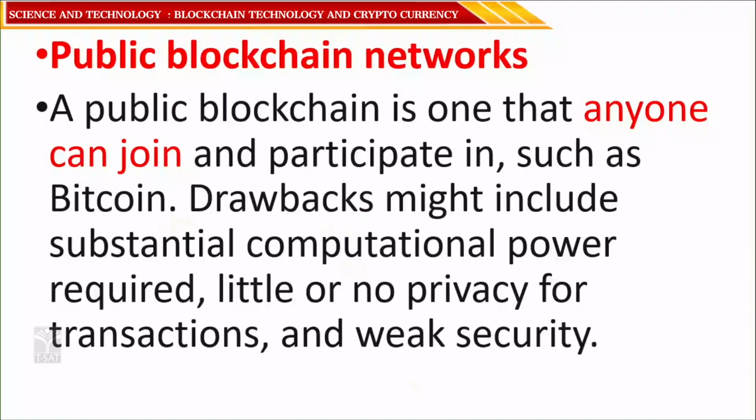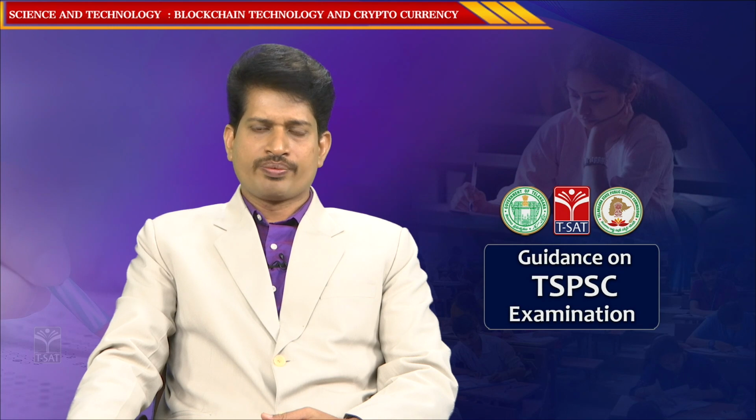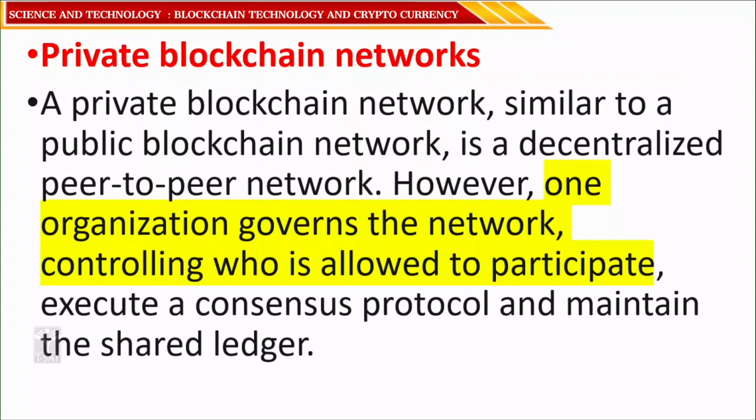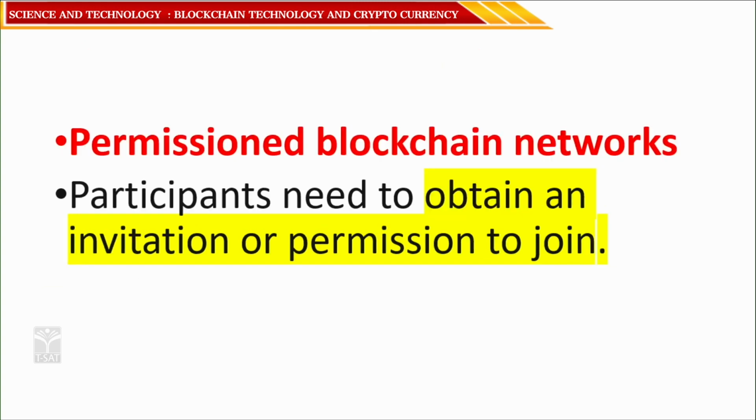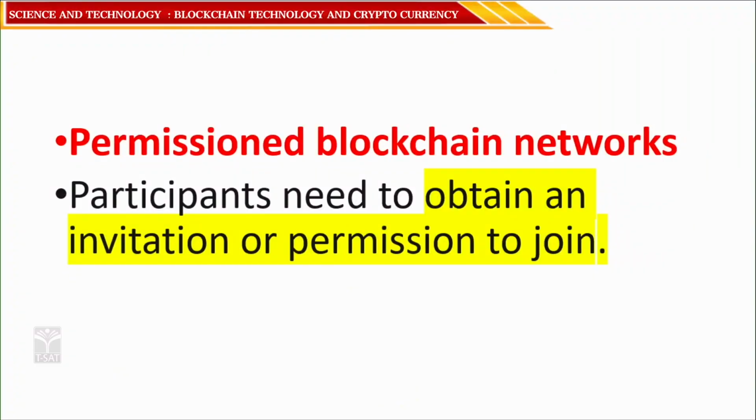Public blockchain network: as I have given the example of Google, everybody has the possibility to enter. The next is the private blockchain network, where only a few are allowed. I have given you the example of the account of a bank. Permissioned blockchain: when there is trouble in the system, a software engineer needs to be given permission to enter to set right the problem.